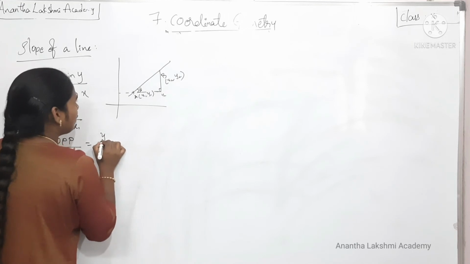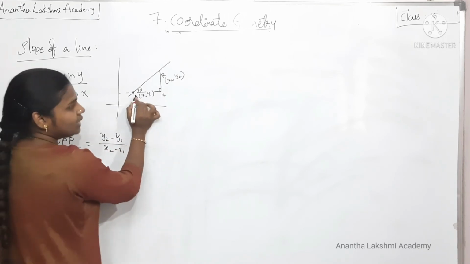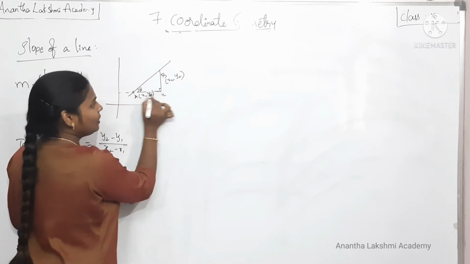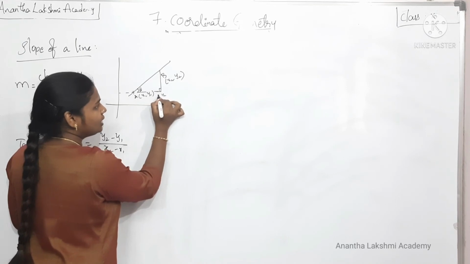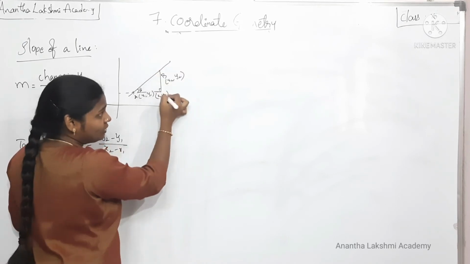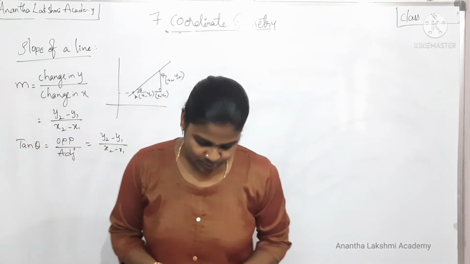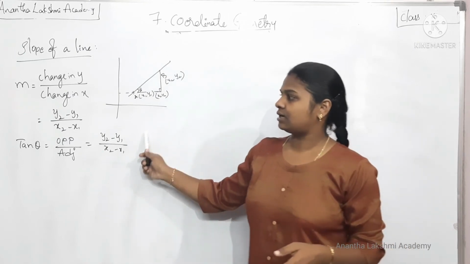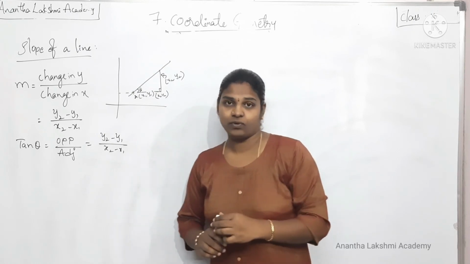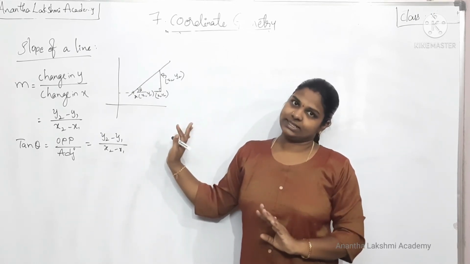So the change will be y2 minus y1 by x2 minus x1. If you locate this point, since this is on the same line, this x coordinate is going to be x1, and as this is the perpendicular drawn from B, the y coordinate will be y2. That is nothing but y2 minus y1 by x2 minus x1. We have problems in exercise 7.4 based on this formula. All the problems are based on this simple formula.